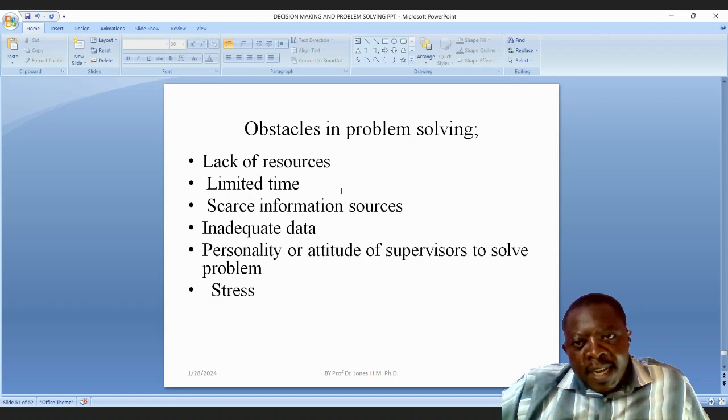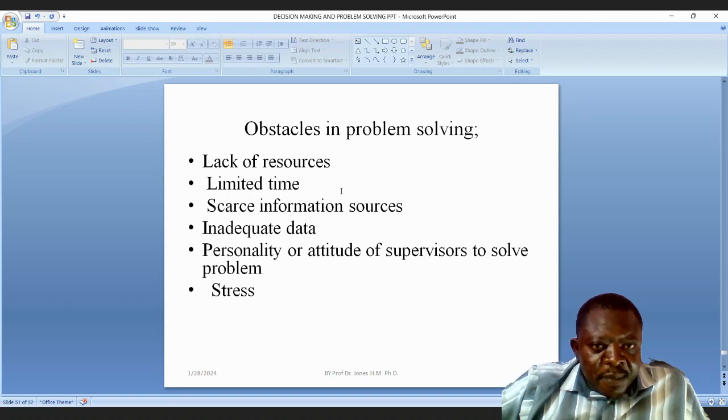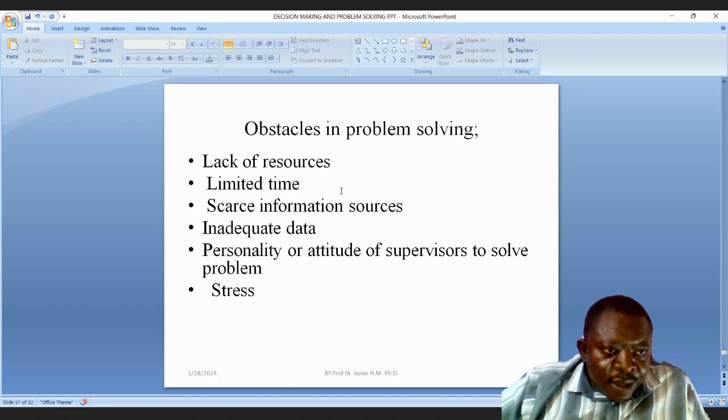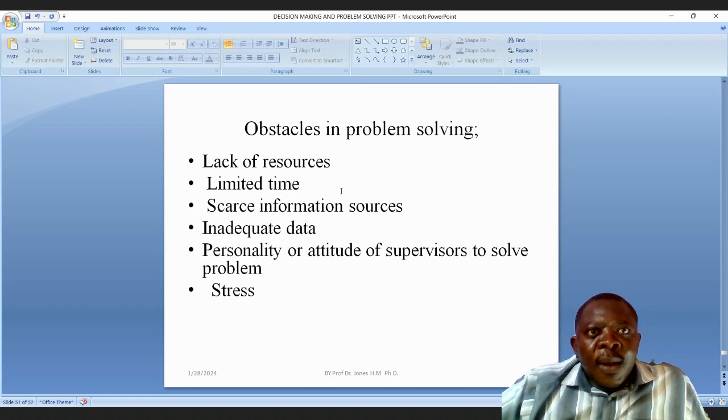So these are some of the things that I had prepared for you so that we can discuss decision making and problem solving. You need to examine the difference between the steps that are involved in decision making and the steps that are there in problem solving, and see how in problem solving these steps have been used in order to solve the problem.